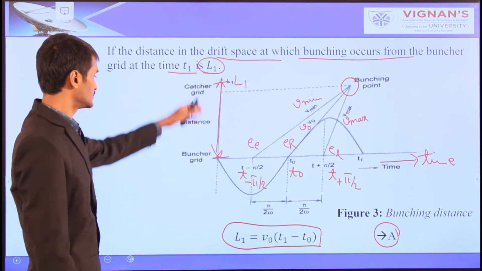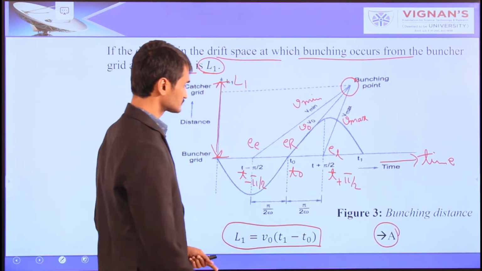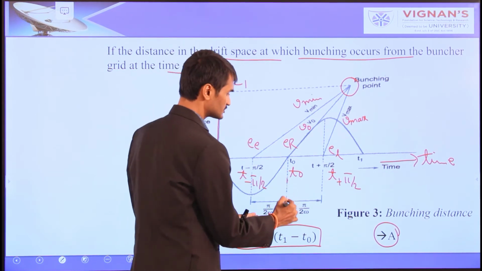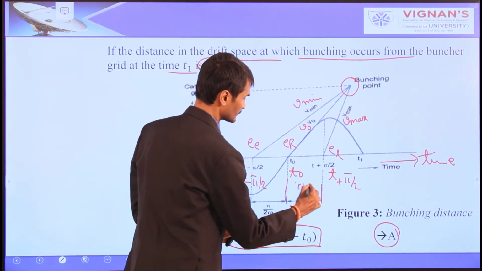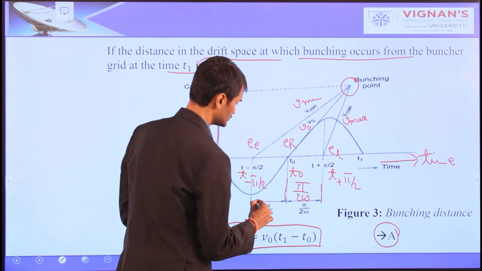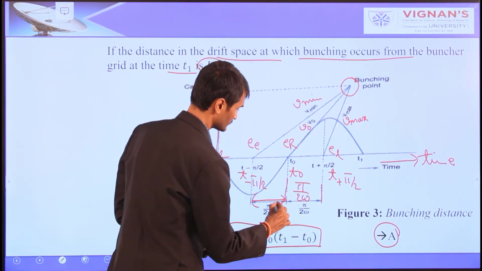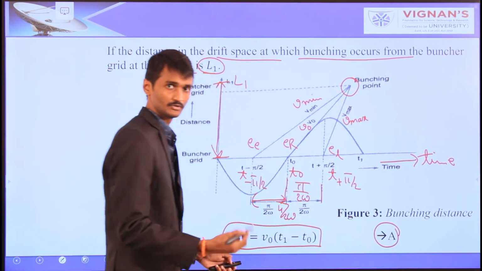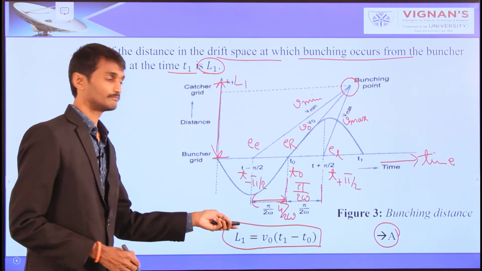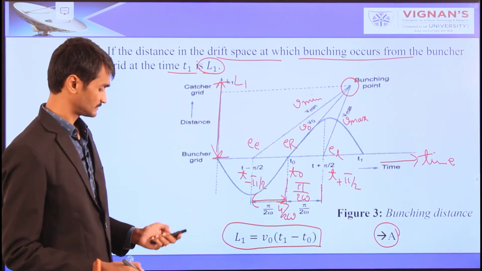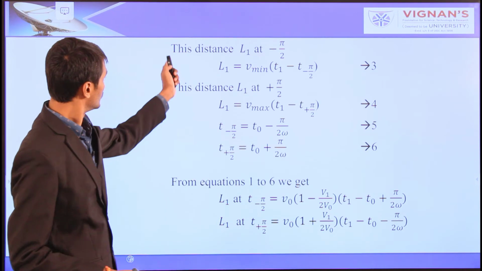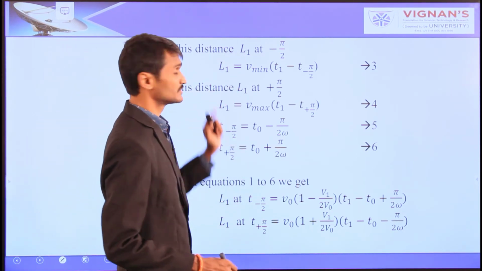Here it is the bunching distance, and these two distances are equal to pi by 2 omega. Why are these distances equal to pi by 2 omega? I will explain that. See here, the distance L1 at minus pi by 2.